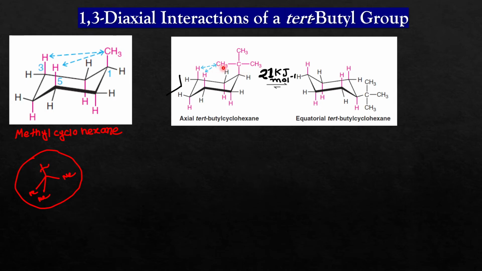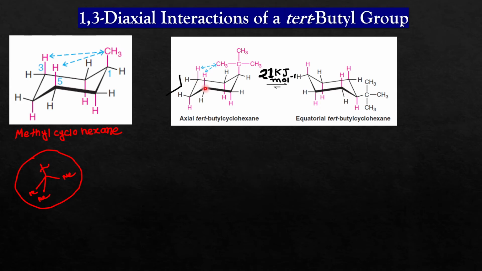Now you can see that this type of 1,3 diaxial interaction is much more severe in the case of the tert butyl group, because the hydrogen atom attached to this methyl group is now in much closer proximity to this hydrogen atom attached to the C1 carbon, or the hydrogen atom attached to the C3 carbon.